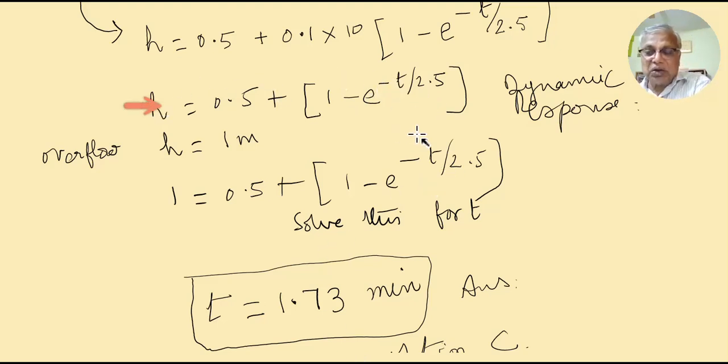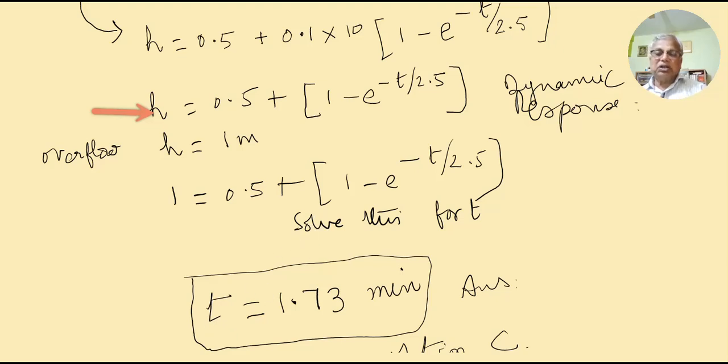Similarly, for 0.5 minute, substitute t equal to 0.5 and find the height of the liquid level. So using this response equation, you can estimate the height at any instant.